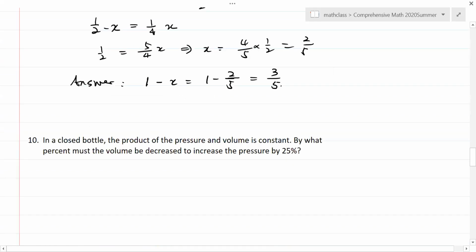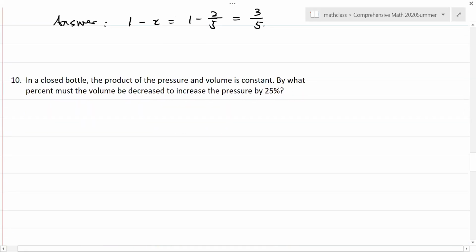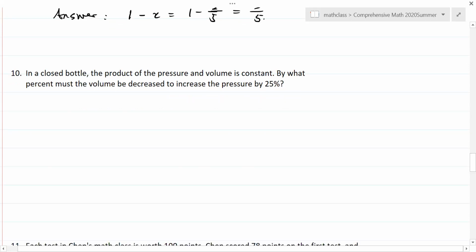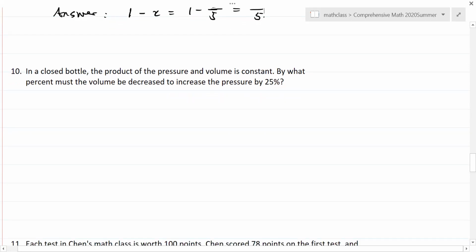All right, so take a look at the next problem. In a closed bottle, the product of the pressure and the volume is constant. So by what percent must the volume be decreased to increase the pressure by 25%?